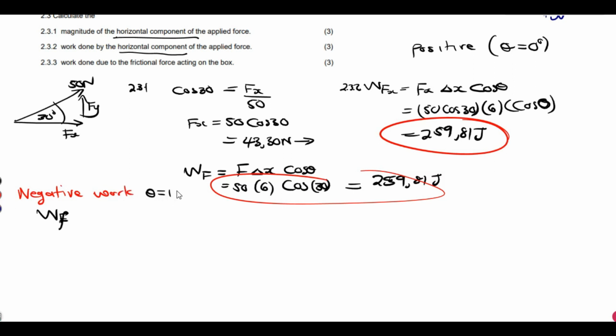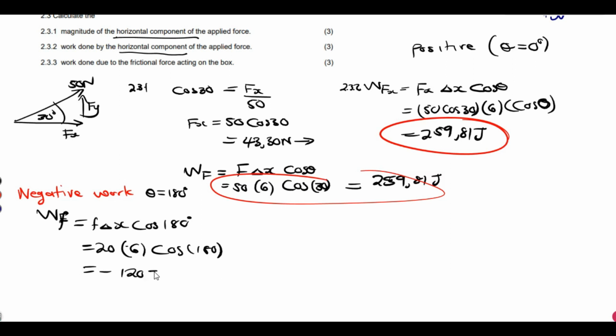We're expecting theta is equal to 180 degrees. So we have frictional force times delta x times cosine of 180 degrees. So it's 20 newtons times 6 meters times cosine of 180, which is just negative 1. So this gives you a negative 120 joules. But energy is a scalar, you can't have a negative. So it becomes what? 120 joules taken from the system.